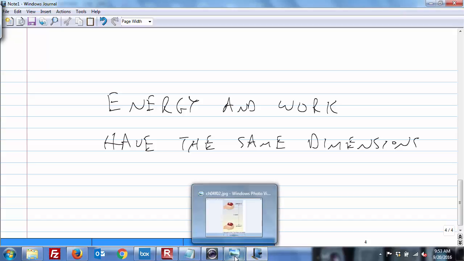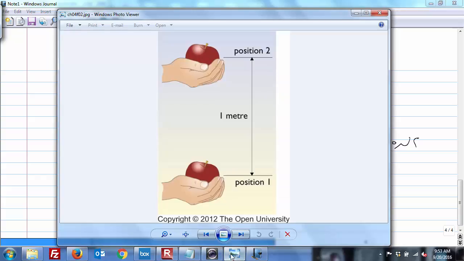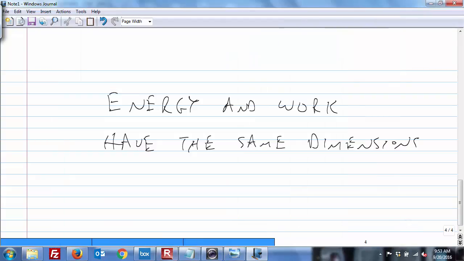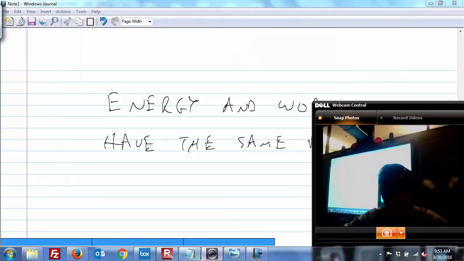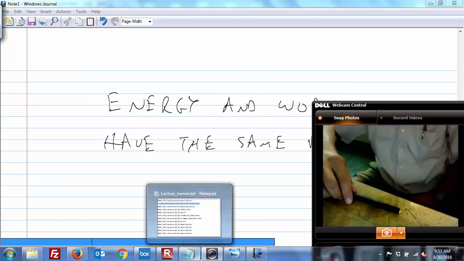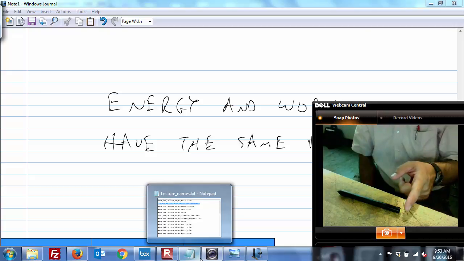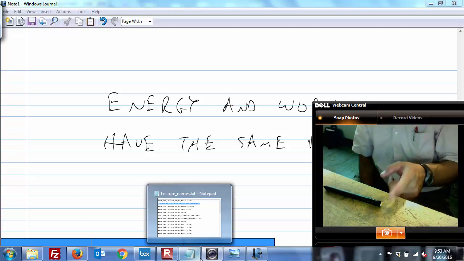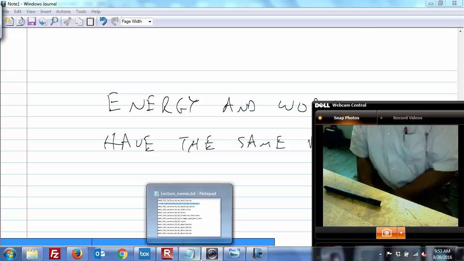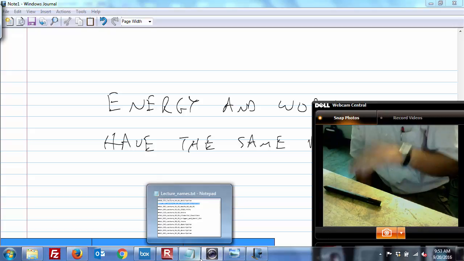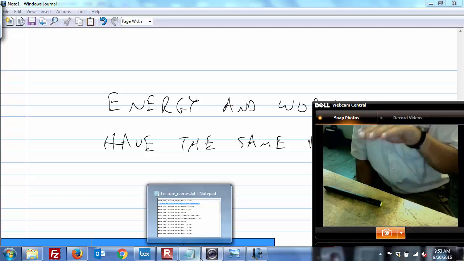Typically, though, when we're talking about work, we'll go back to this one little example. In order to push this pen along, the energy of the pen really did not change. It's not any higher or lower than it was.